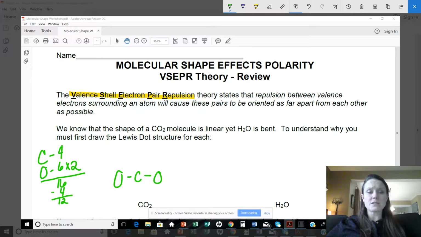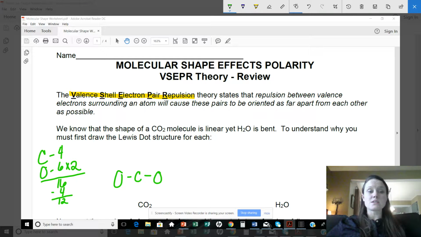These little dashes in between the carbon and oxygen atoms stand for 2 electrons because they stand for 1 covalent bond. So right now around this oxygen there are 2 electrons, so I'm going to need 6 more to finish its octet. Around this carbon atom there are 4 electrons, so I'll need 4 more around that carbon atom, and then again 6 more around this oxygen atom on the other side of the molecule.